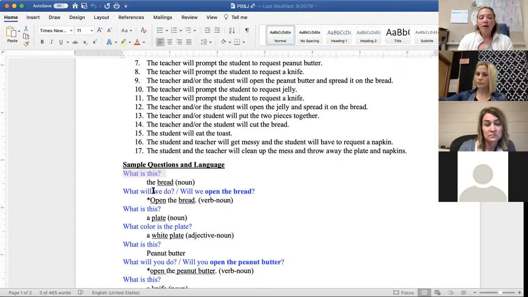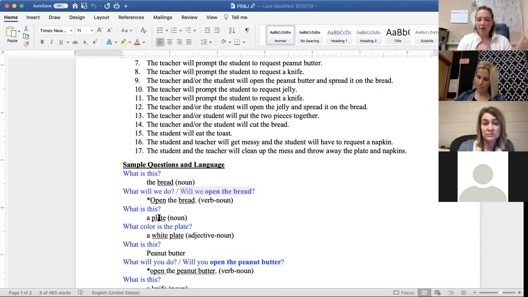So for this example, what will we do as I'm showing the peanut butter or the bag of bread? And if they don't say anything, or it's completely off the wall, you can ask it in a different way, like, will we open the bread? And then hopefully they respond, open bread.